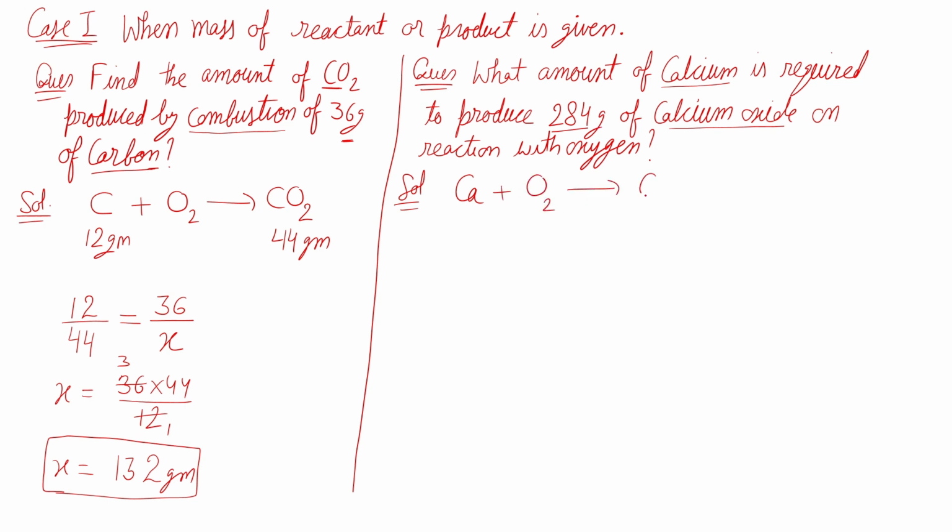And remember, as I told you, it always follows the law of conservation of mass. Then we can apply the stoichiometry concept here. So first of all we have to balance this chemical reaction to solve this numerical. If you do not balance the reaction, your answer will be wrong definitely.